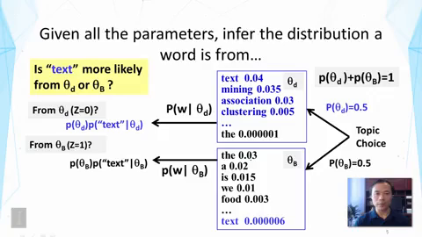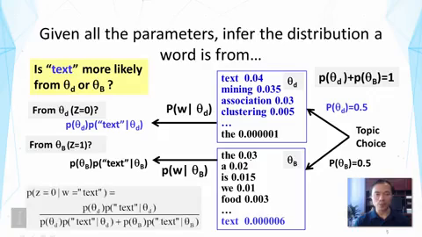Then we can simply normalize them to have an estimate of the probability that the word text is from theta sub d or from theta sub b, and equivalently, the probability that z is equal to 0, given that the observed evidence is text. So this is an application of Bayes' rule. But this step is very crucial for understanding the EM algorithm.